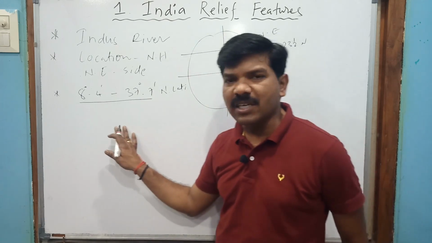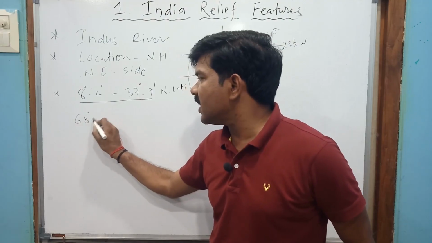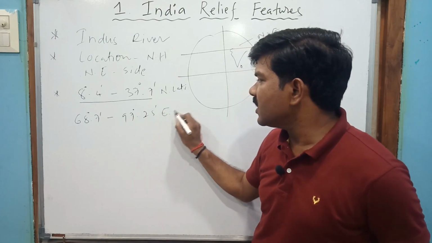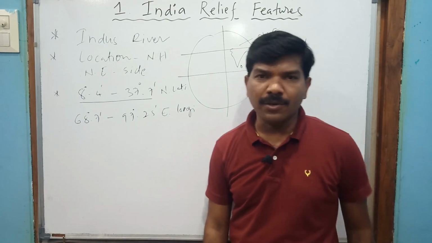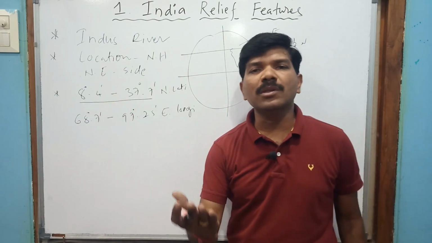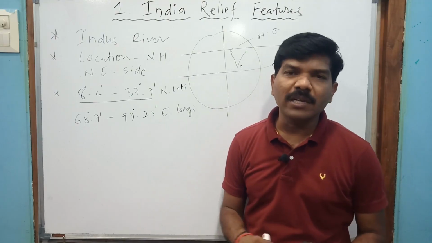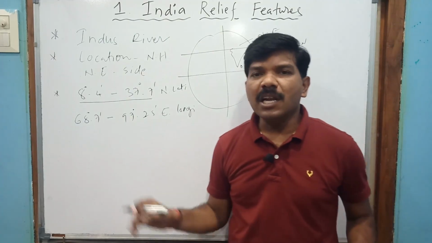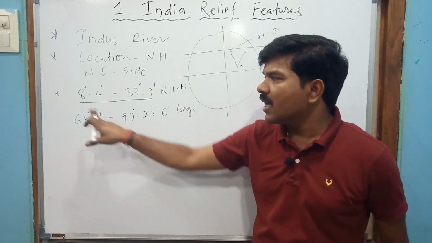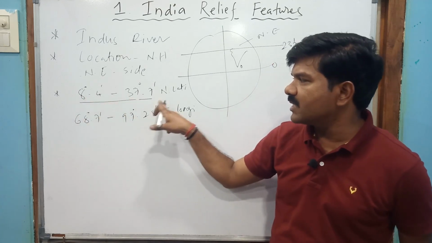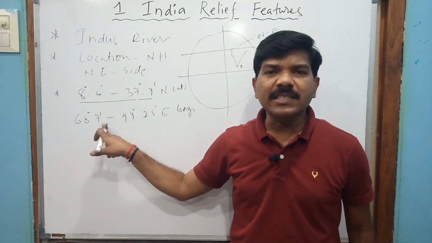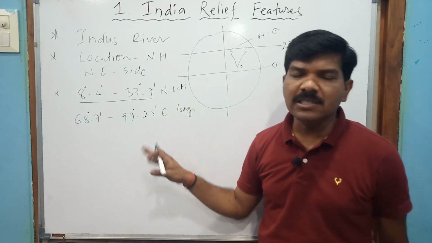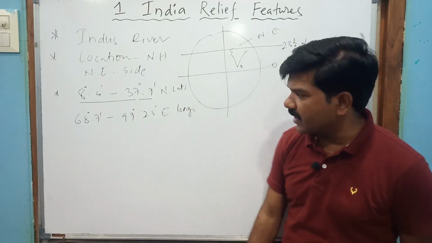India's longitudinal extent is 68 degrees 7 minutes to 97 degrees 25 minutes east longitude. They may ask you in the examination: what is India's location? India is located in the northern hemisphere, northeast side, with these latitudinal and longitudinal extents.